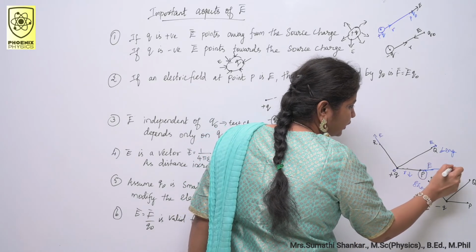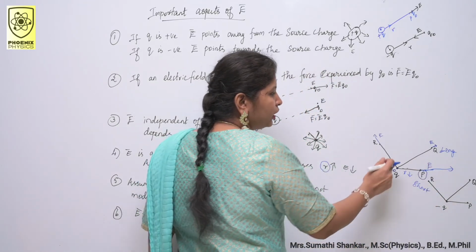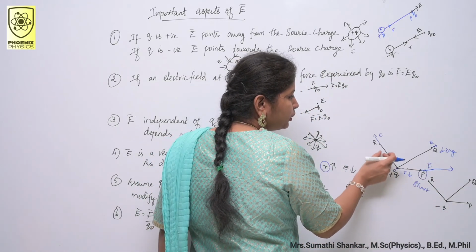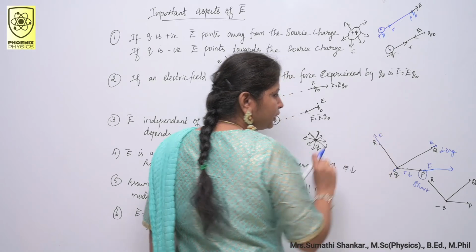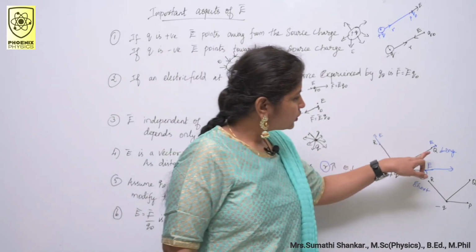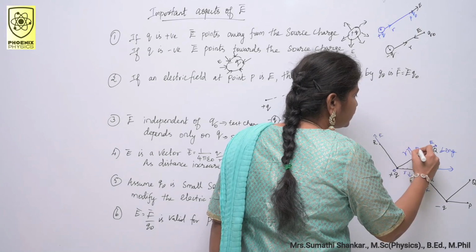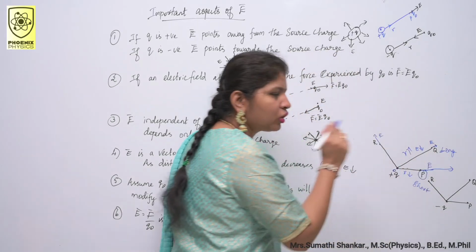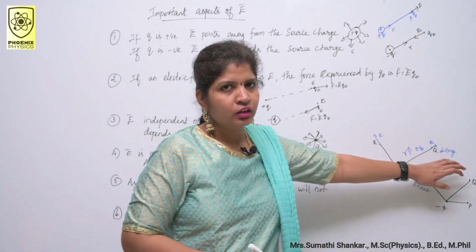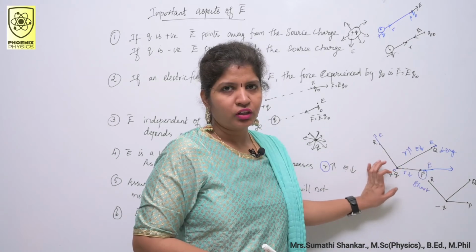So you should draw the line like this. Here this is the medium, no? So you should draw E like this. Here distance increases, which means E decreases. So you should draw a small arrow like this. This is for a positive charge.